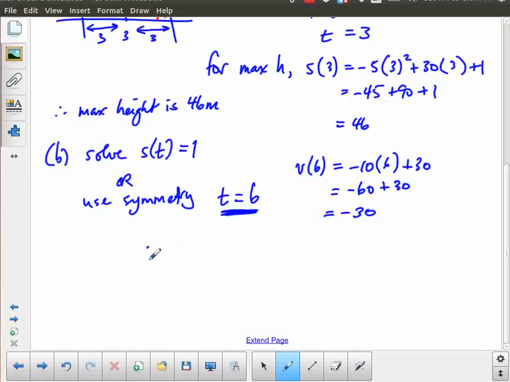So therefore, it is caught traveling 30 meters per second down. Notice how I took that negative and changed it into a positive because I specified the direction this way. You could also have said it is caught traveling negative 30 meters per second, but I think that's a fairly crude way of expressing it.